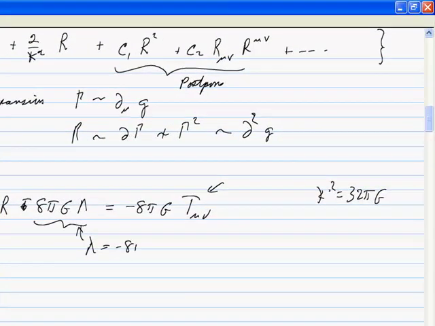Lambda is 8 pi G big Lambda. And it depends which one you see quoted. This one is of order 10 to the minus 56 centimeters. This big Lambda is of order 10 to the minus 46 GeV to the fourth.